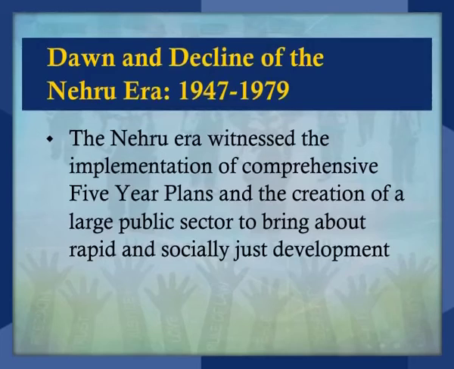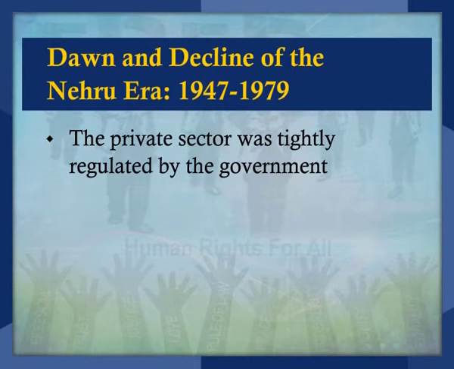The process of socialist planning also gave rise to a number of paradoxes. The Nehru era witnessed the implementation of comprehensive 5-year plans and the creation of a large public sector to bring about rapid and socially just development. The private sector was tightly regulated by the government. This statist approach to the economy was at odds with the liberal advocacy of a free market, but it continued for over 4 decades.